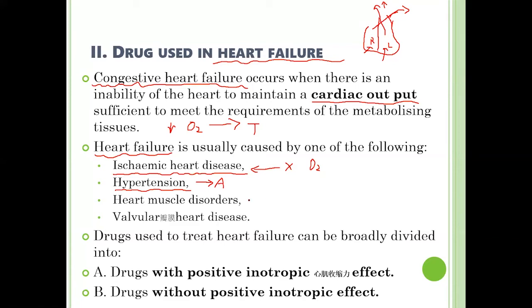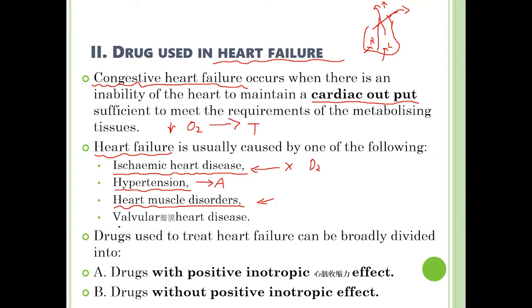So that can cause heart failure. And the other reason is heart muscle disorder, like some inflammations, which can especially happen in the heart muscles. The heart itself is sick, so it still couldn't pump strongly. Like some people who are sick can't do physical activity, similar to the heart.